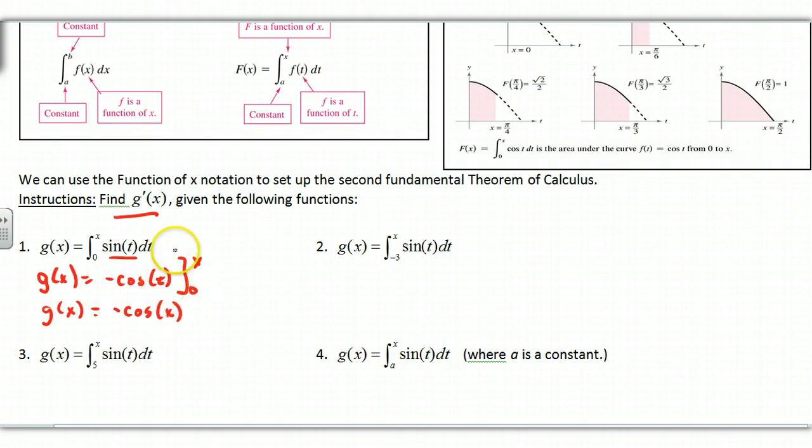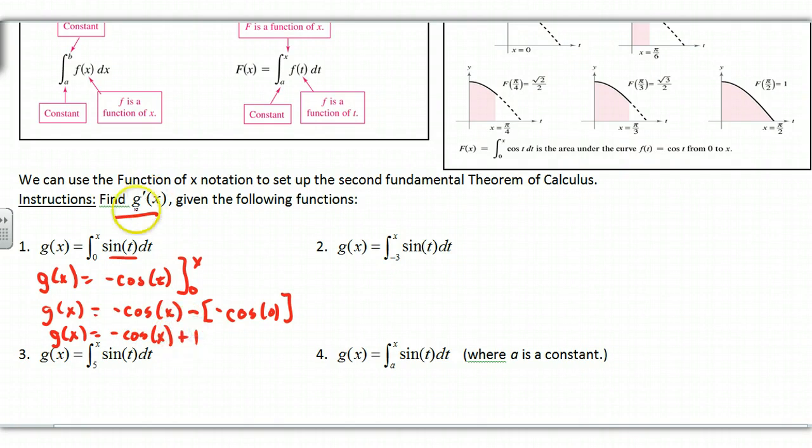So I take the x and plug it in. Don't forget to subtract and plug in the lower limit. A lot of times people forget to do that with the 0, but the 0 sometimes yields a number that's different than 0. And in fact, in this case, this would be a 1. So I'm going to get g of x is equal to negative cosine of x plus 1.